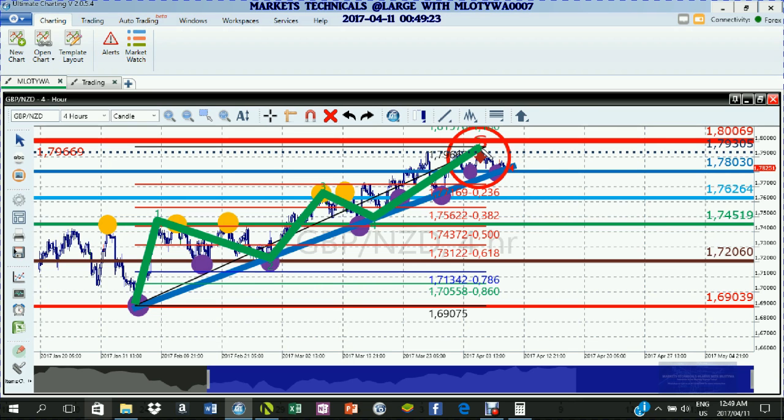So from 0.5, I'm expecting to see 0.1 there, 0.2 there, 0.3 there, 0.4 and 0.5. This is what I am expecting, guys. Or from 0.5, it can come to this point.